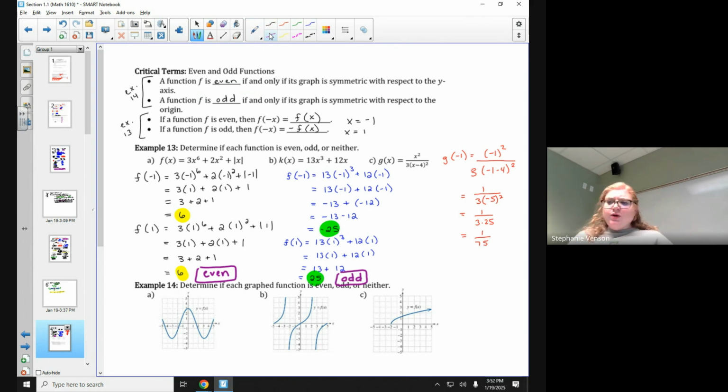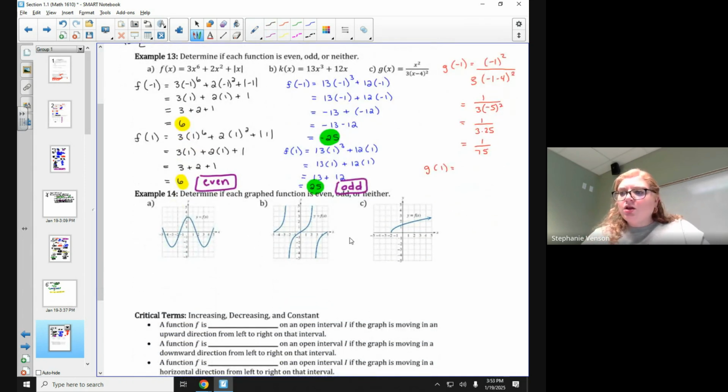Okay, so it looks like when I plugged in -1, I got 1 over 75. Let's try +1. Okay, so 1 squared over 3 times 1 minus 4 squared. So 1 over 3 times -3 squared, which is 1 over 3 times 9, or 1 over 27.